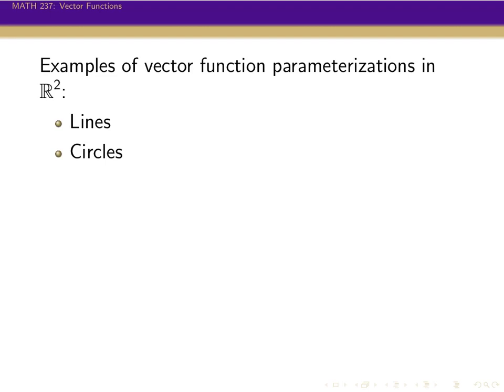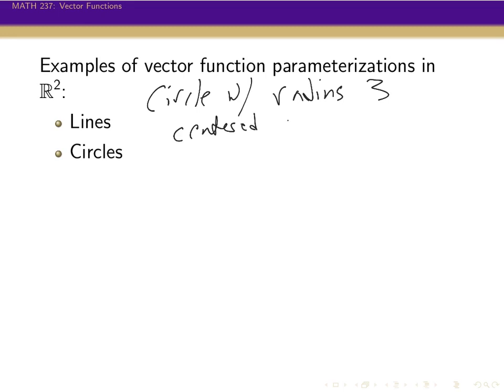What if we want to do a different radius? Let's spice this up a little bit more. Let's find a circle with radius 3 centered at, let's say, (-1, 2).